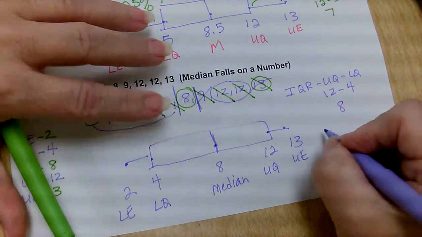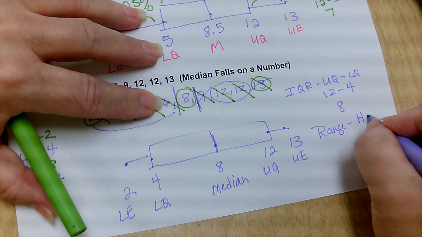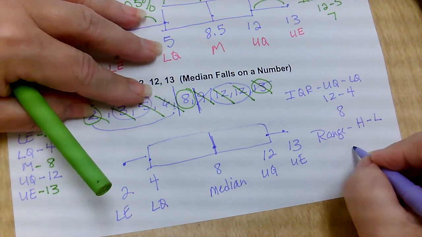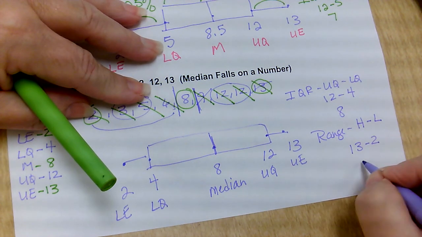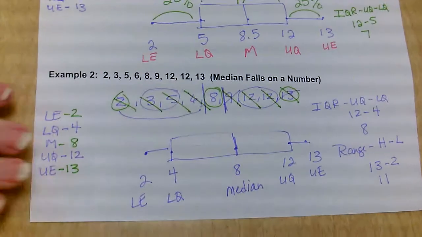If they happen to ask you the range, that's the highest number minus the lowest number. In this case, it's 13 minus 2, which is 11. That is how you construct and read a box plot. We'll talk more about it when we do notes today.